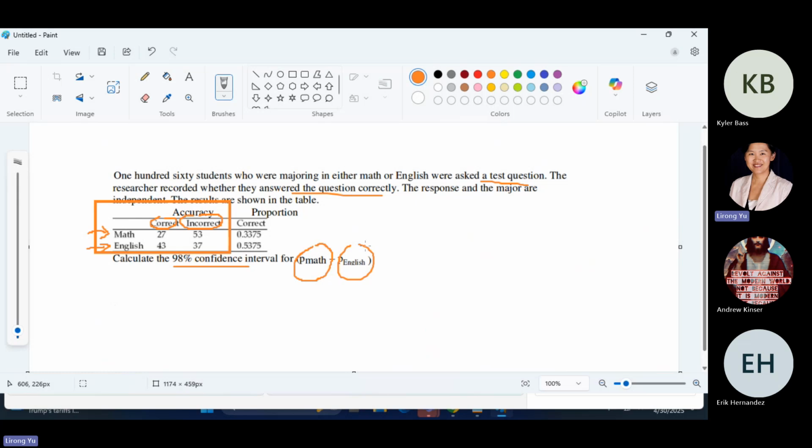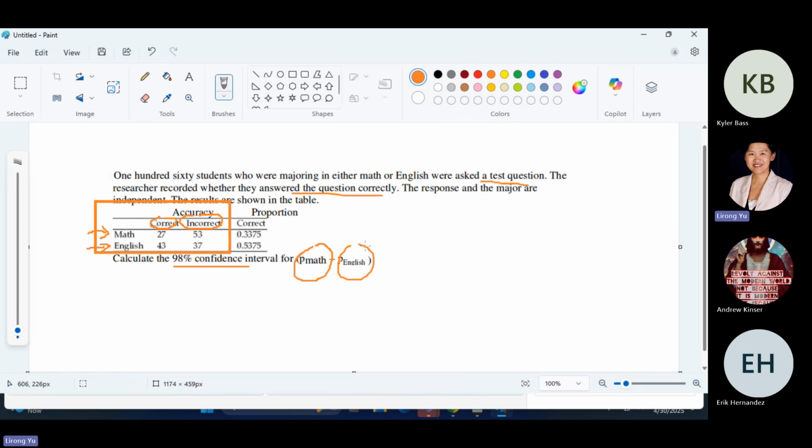Okay. If you want to, you can do a chi-square test to determine if they have the same proportion. If they have the same proportion, that indicates that the major and accuracy are independent from each other. If the chi-square test indicated no relation or independence, the proportions would be equal to each other.